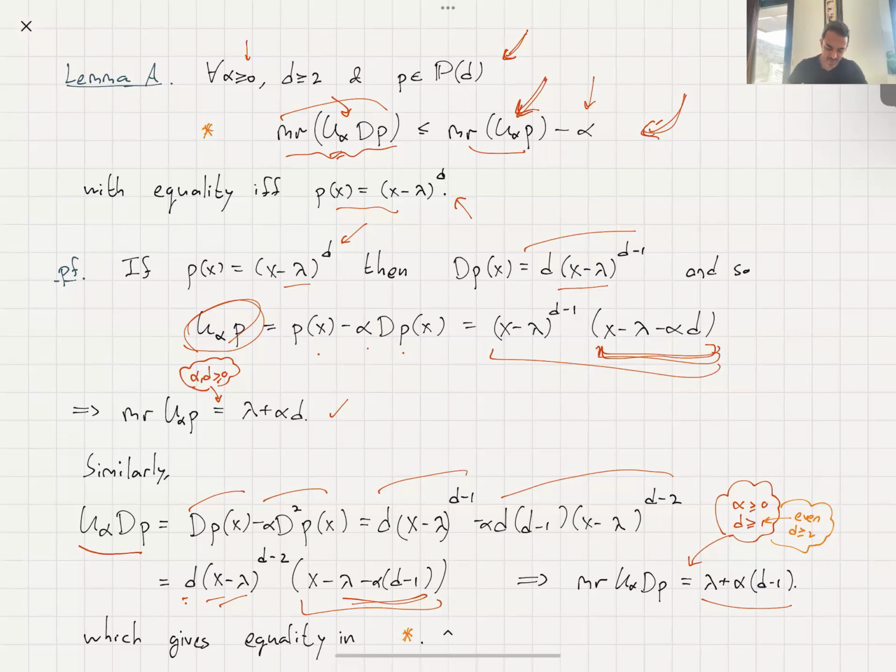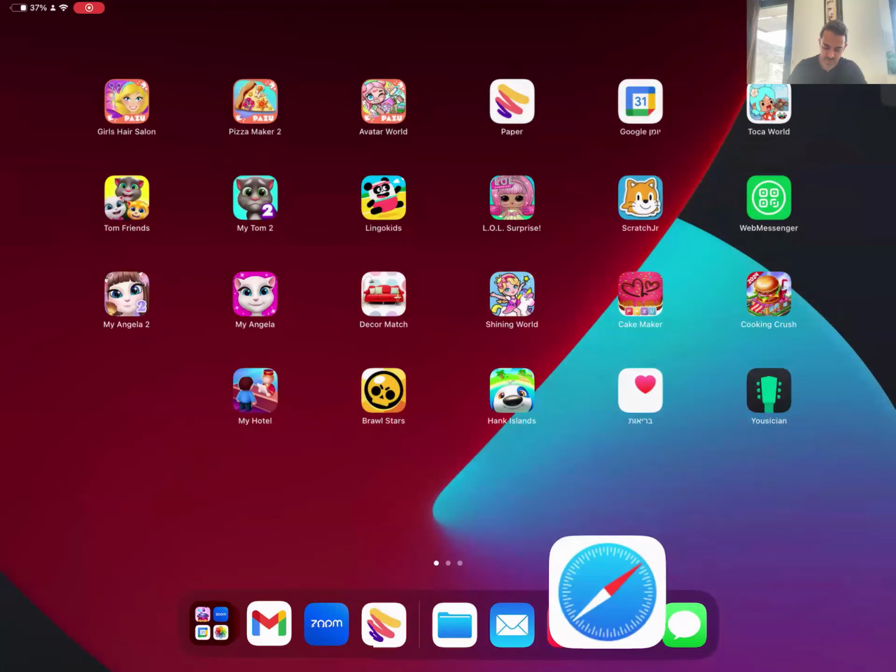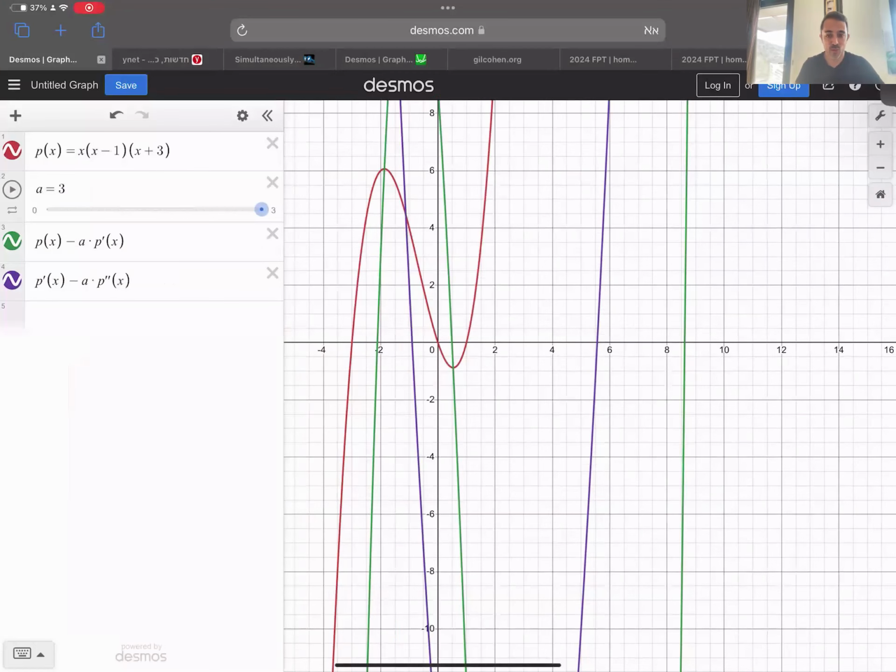You can actually see it here if you want. So I chose here one polynomial, p of x, which is x times x minus 1 times x plus 3. And then the green line is U applied to p, and then the purple is U applied to the derivative. And you should consider the difference between the max roots of the purple and the green lines.